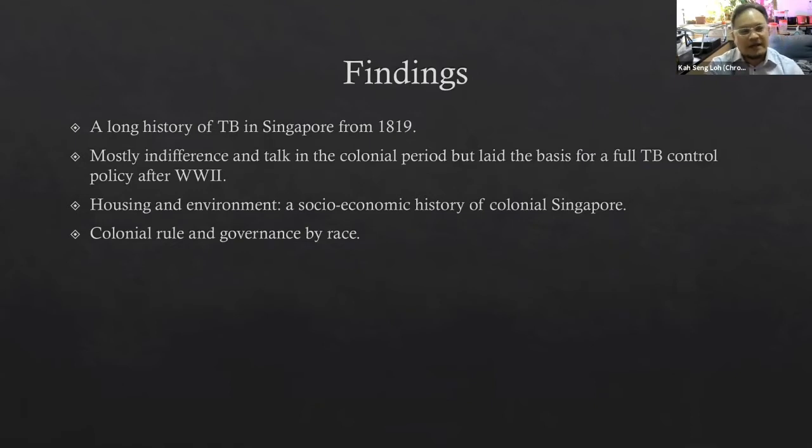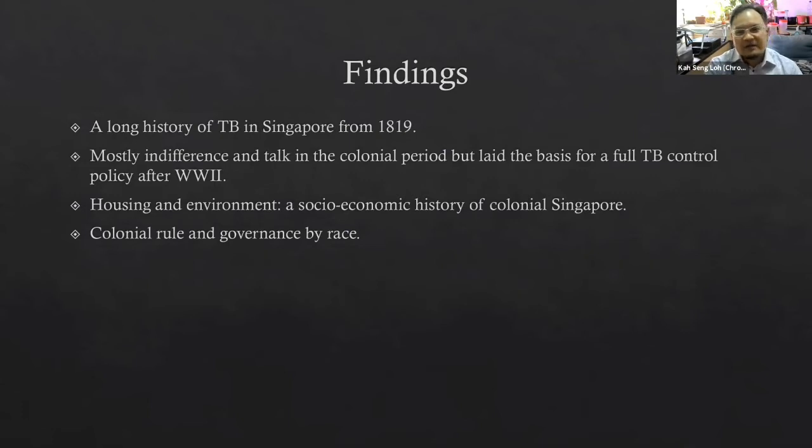So we are looking at a very long history of TB. TB is very well known among the older Singaporeans as something that happened after the Second World War, where people were coughing out blood, and we know about SATA, we know about the X-rays, BCG, and all those things. But actually, TB had a long history beginning from 1819, from the early beginnings of Singapore, really.